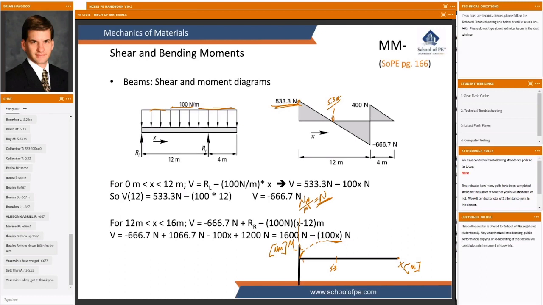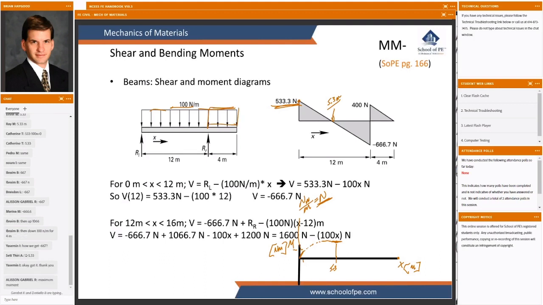What's the magnitude of our moment going to be at the 5.3 meter mark? When we looked at this distributed load, for example, if we started on the right and wanted to work back to the 4 meter mark, the amount of change we saw in our shear diagram was equal to this area here. This area is 4 meters wide, 100 newtons per meter tall.